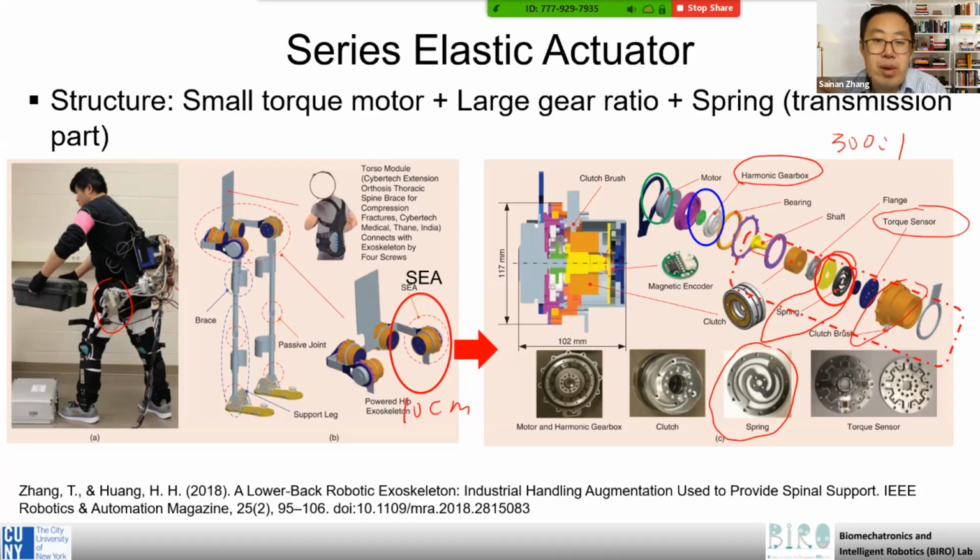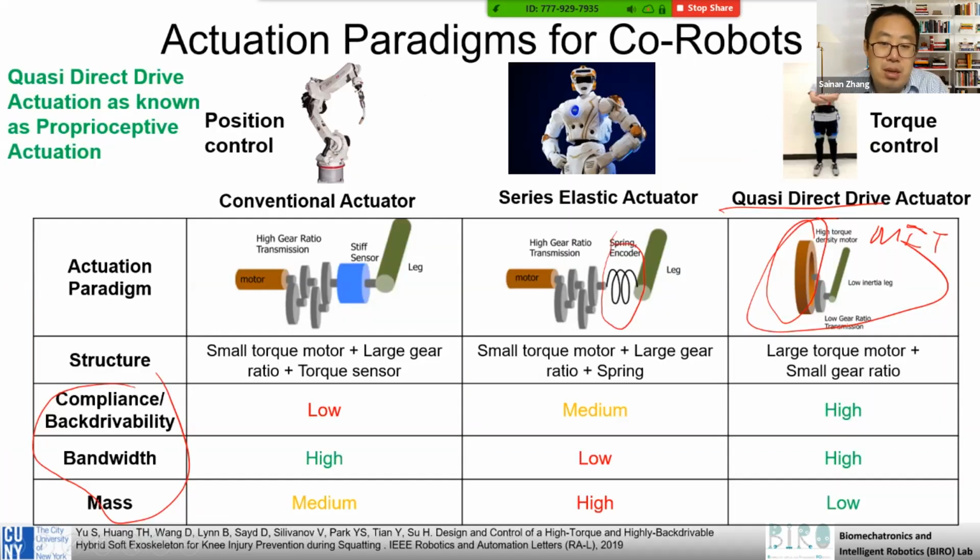So it's really a lot of components, very bulky and also very heavy. That's the problem with SEA. It's not only the performance limitation, but in terms of practicality, it's also very impractical.